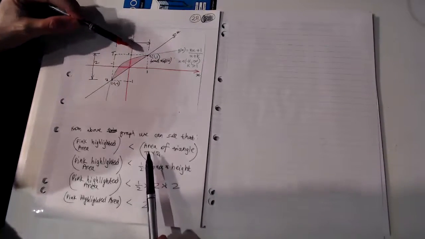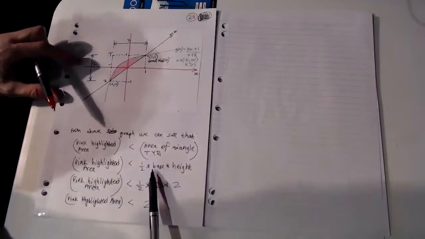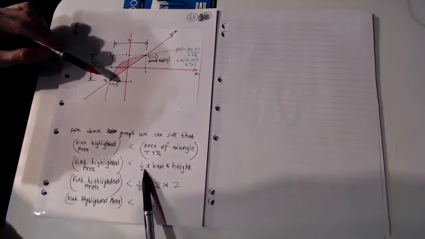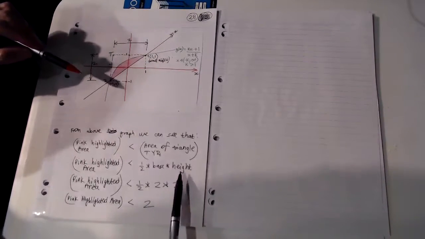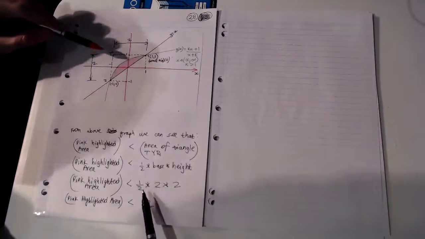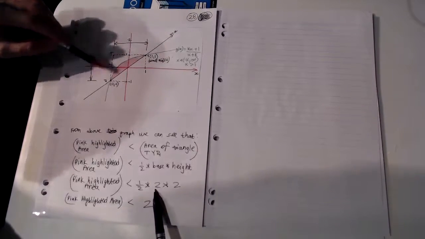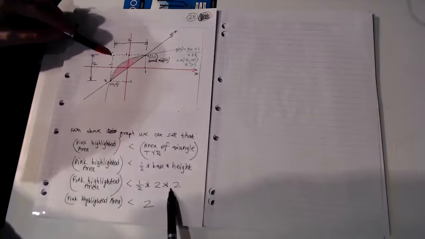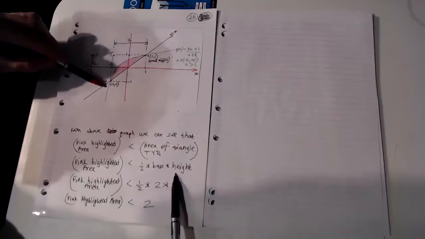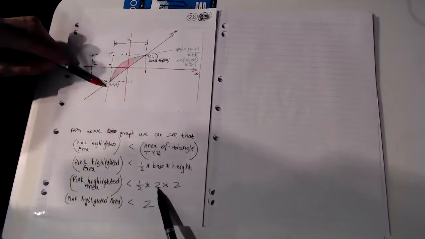What's the area of triangle TYZ? You can work it out using area of a triangle equals a half base times height. A half times the base of the triangle TYZ, which is 2, times the vertical height of the triangle TYZ, which is 2. So what's a half times 2?